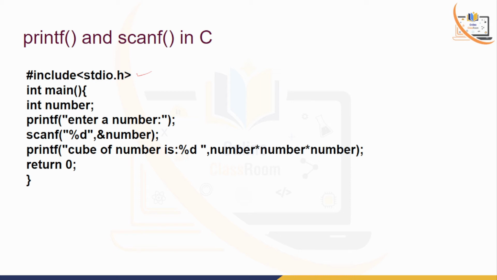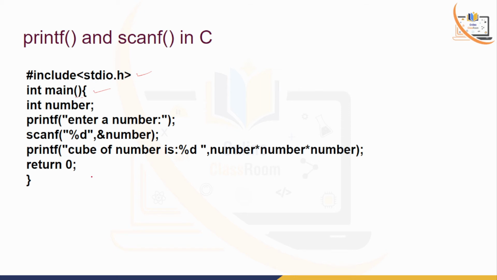After that, there is a main function, int main. You have to understand that every program starts with this main function. And why do I say it is a function? Because there is an opening bracket and a closing bracket. Like printf, there is also an opening bracket and a closing bracket, so we can say printf is a function.